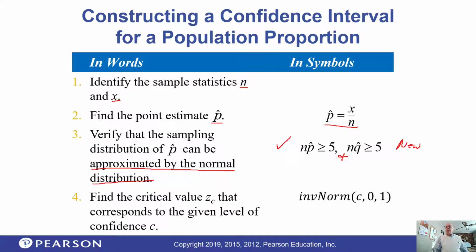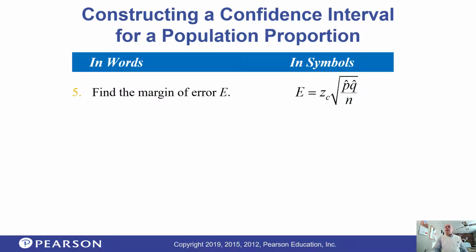Number 4, critical value. Remember those critical values in the center help you find what z sub c is. Get your margin of error.